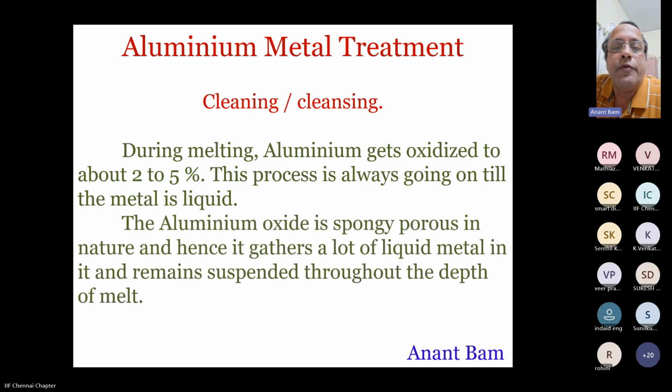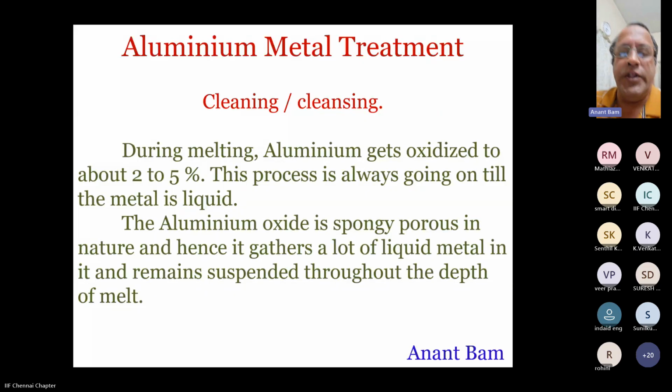Now we come to metal treatment number 1, the first phase of metal treatment, that is cleaning or cleansing. We have seen in the initial slides that during melting, aluminum gets oxidized. The oxidization can be controlled to less than 1%, but if not controlled, it can become 10% also.